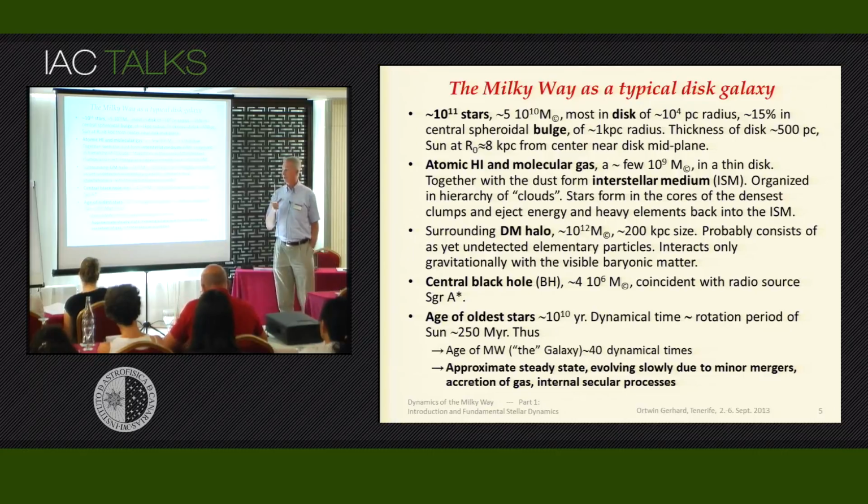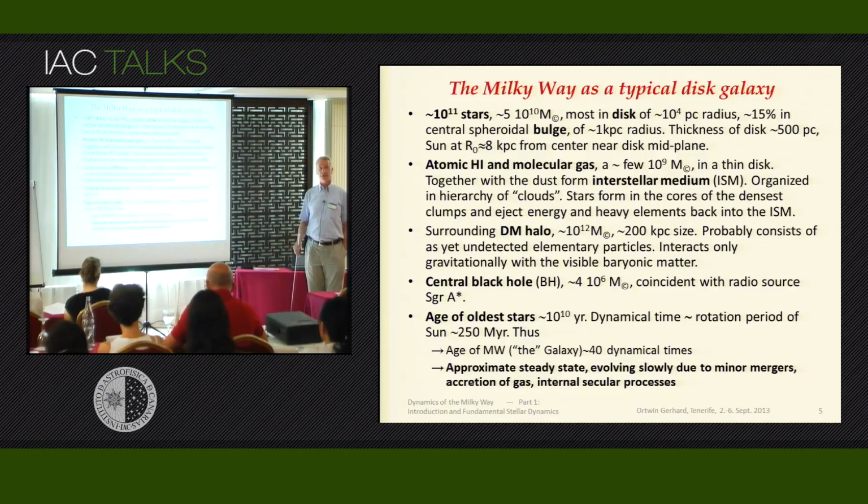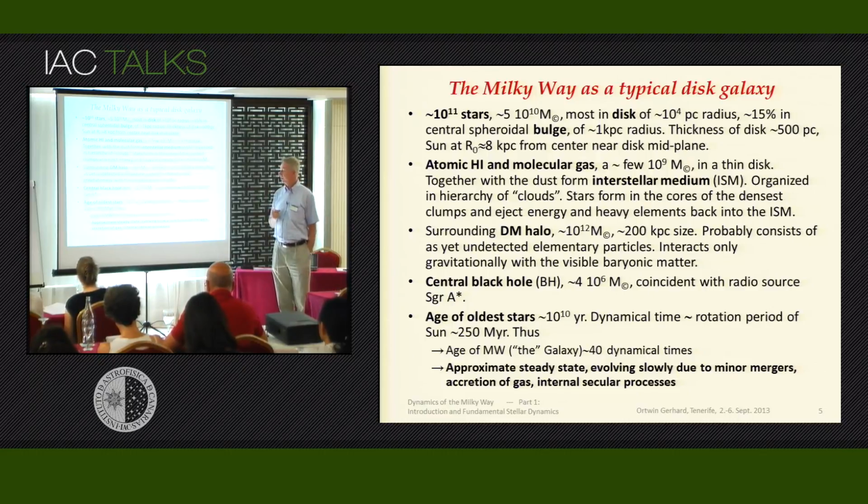But still, it's useful to approximate it as something like a steady state that in some sense evolves slowly as various processes contribute either mass or processes that cause the velocities of stars to change, etc. And some of these processes are to do with minor mergers, accretion of gas from the nearby universe, but others are sort of completely internally driven.